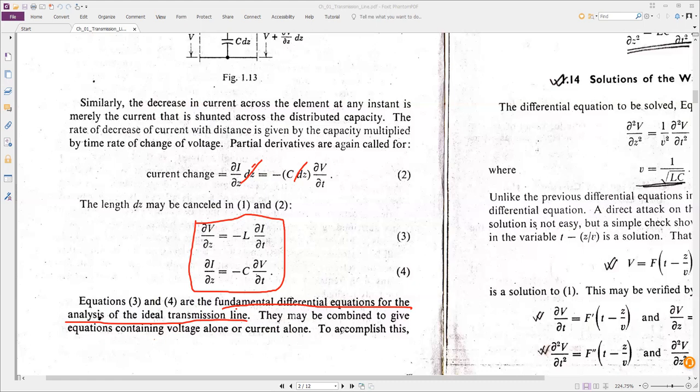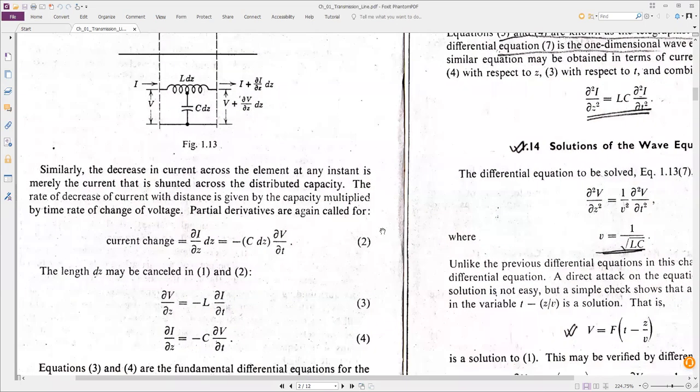Okay, now we'll do some calculations. Let's look at it. If we differentiate the first one with respect to time and the second one with respect to distance, or the first one with respect to distance and the second one with respect to time.